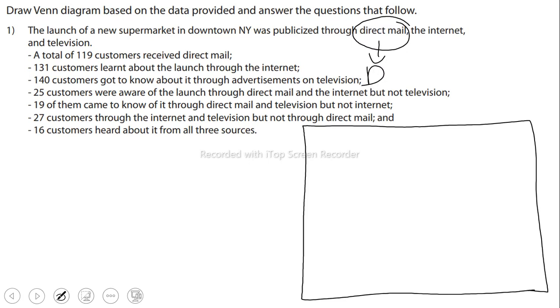D, or M for mail. Internet, I, and television, T. I like the M for mail. I think that's more appropriate instead of the D. The mail is more pronounced, so let's use M for mail.